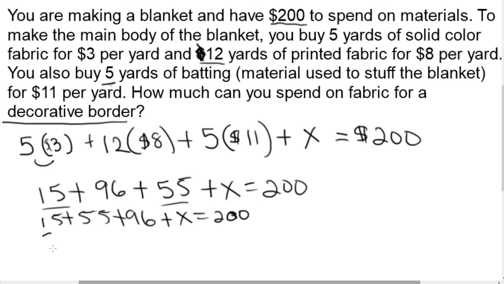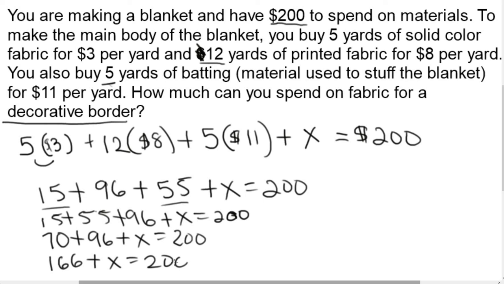So that's 70 plus 96, plus X equals 200. So 70 plus 96, I know that to be 9 plus 7, 160, plus 6, 166, plus X equals 200. Okay? So I can use mental math on this one, and I know my answer to be 34.